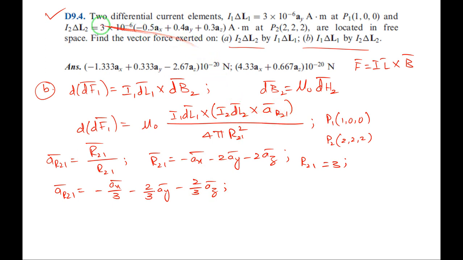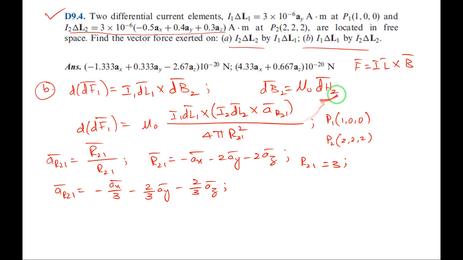Observe here, aR21 is fine. Observe I2 dl2: it has all the components, x component, y component, z component. It is better to go for a determinant, so I will make use of a determinant to calculate I2 dl2 cross aR21.